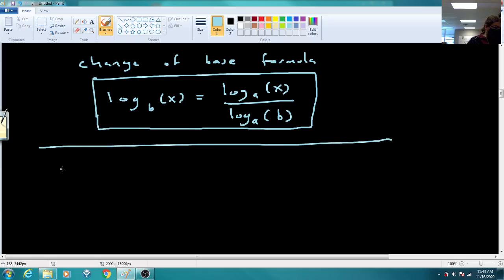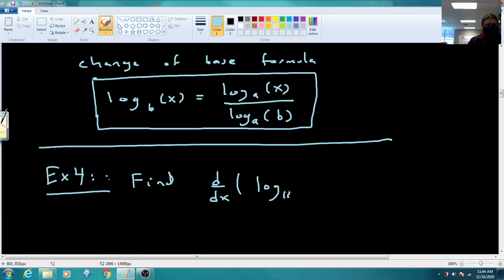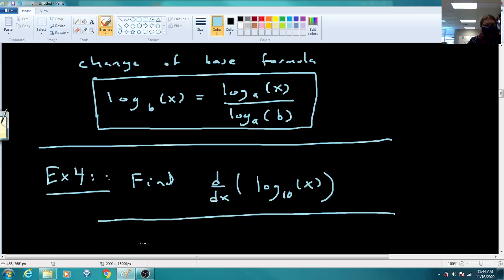So if they give us, say, for this example here, example 4, they want us to find the derivative of log base 10 of x. Well, I'm going to use the change of base formula up there to convert this to natural log. So the derivative of log base 10 of x is the derivative of the natural log of the thing in parentheses over natural log of the old base.